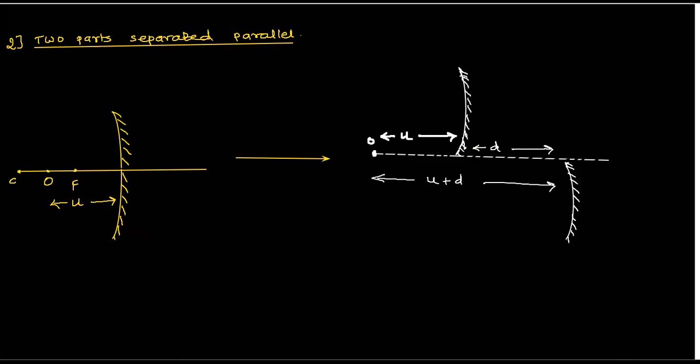So whatever v, v1 and v2 you get, find out and just do it yourself whenever they ask a problem. So note down this.